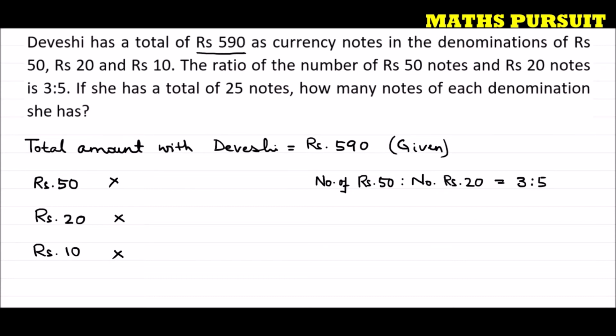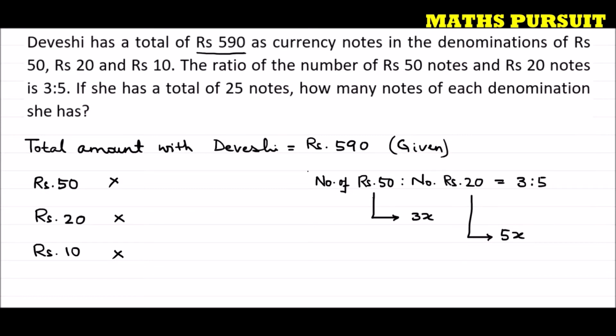Now guys, let us assume that there are 3x number of 50 rupees notes and 5x number of 20 rupees notes.